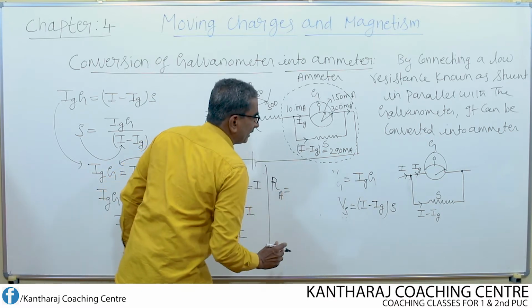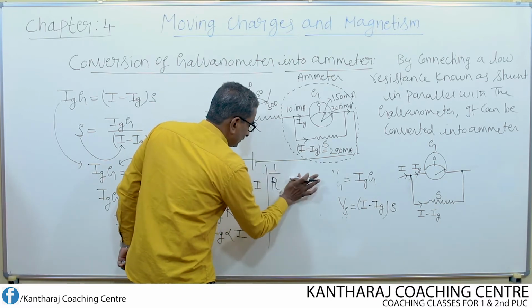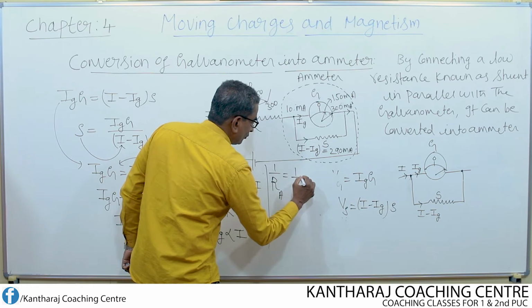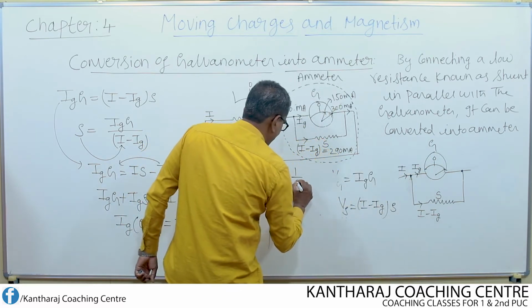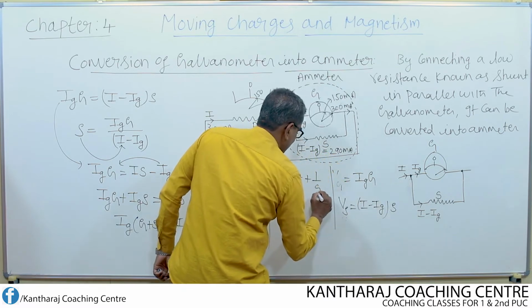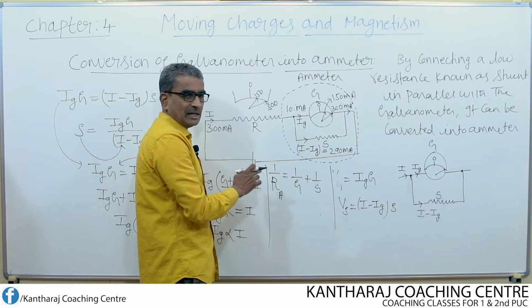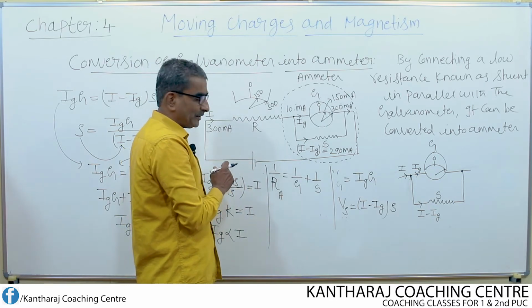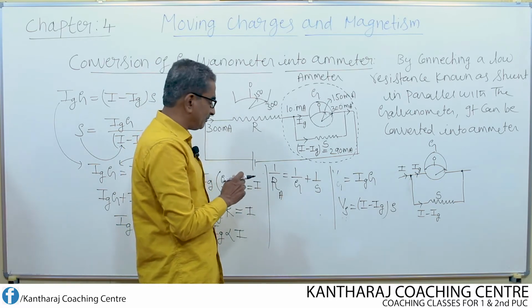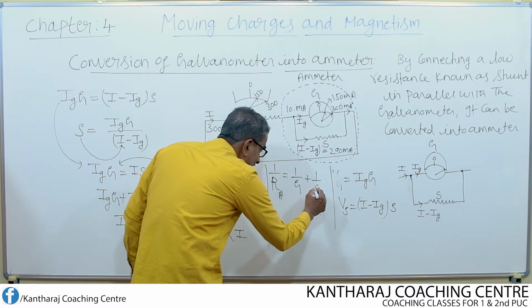Using the parallel combination formula, 1 over RA equals 1 over G plus 1 over S. Effective resistance: 1 over R equals 1 over R1 plus 1 over R2. This we have studied already in our previous chapter, the current electricity chapter. If I simplify this, what do I get now?